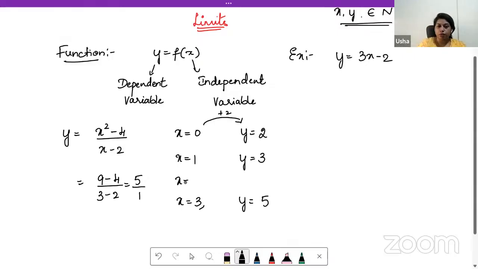So if x is equal to 2, what should be the value of y according to this observation? Whatever is the x value, plus 2 is giving you the y value.